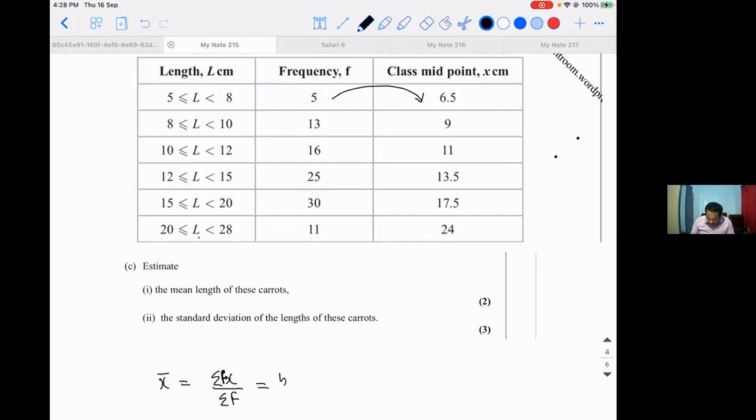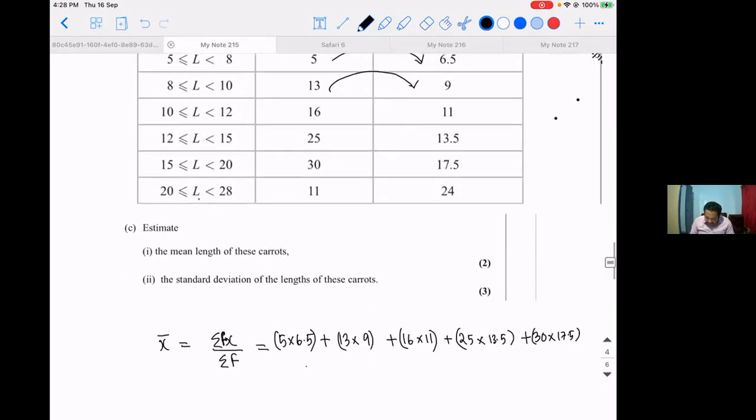That means 5 times 6.5, plus 13 times 9. So this is how we are finding the sigma: 13 times 9 plus 16 times 11 plus 25 times 13.5 plus 30 times 17.5 plus 11 times 24.